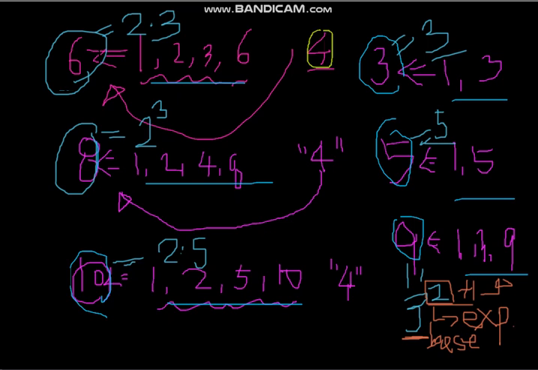So for example, 5 is just 5 and 3 is just 3. That means 3 is multiplied just once, 5 is multiplied just once. Here, 3 is multiplied twice. Therefore, like I said, you just add 1 to the exponent.